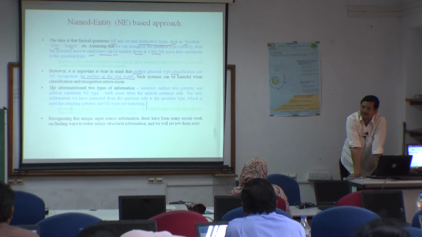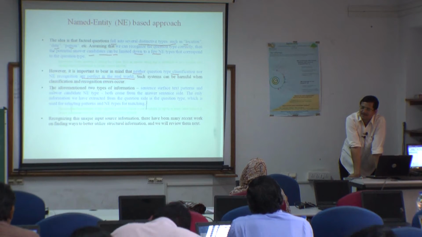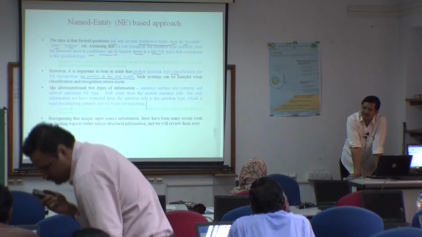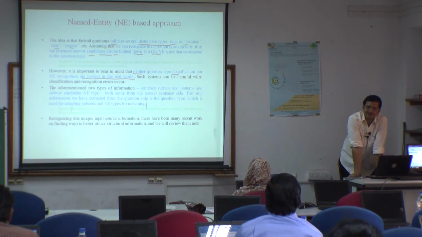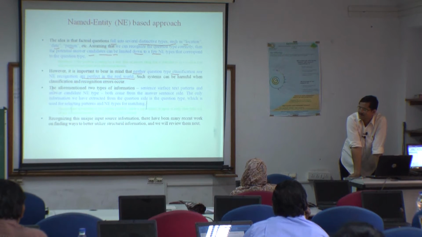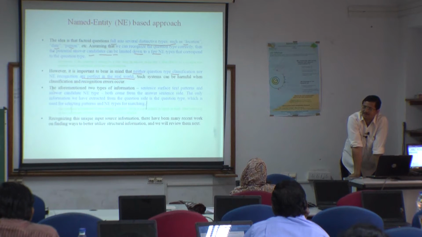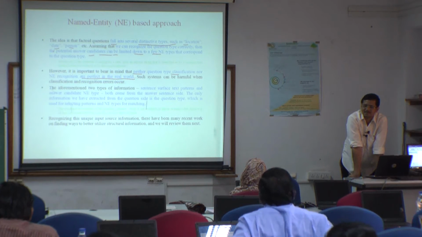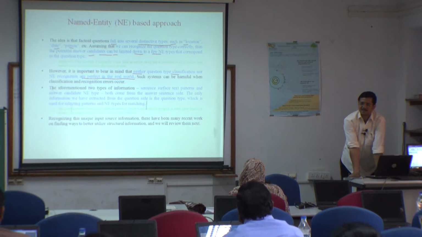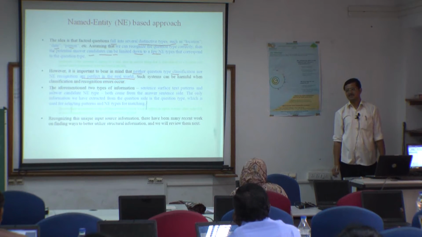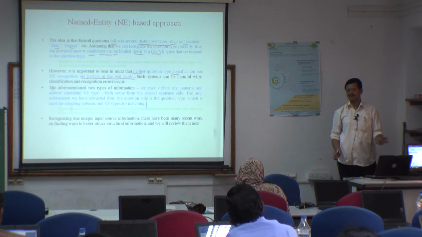But if you apply that system in the Indian context, I doubt that it can identify more than 30-40% of important cities or place names in India, because they trained their system using American newspapers or American geographical documents. So this is a problem with such systems. It can work, but this is a problem.